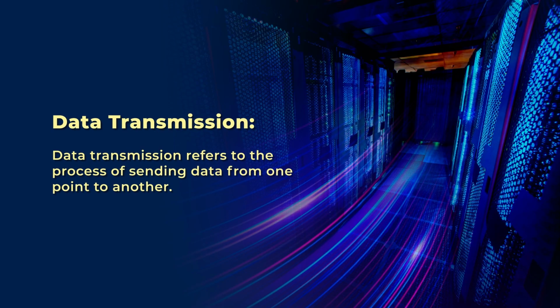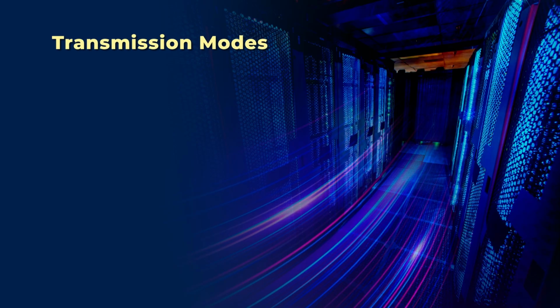Data transmission. Data transmission refers to the process of sending data from one point to another. It involves several key concepts and methods to ensure the integrity and efficiency of communication. Transmission modes.